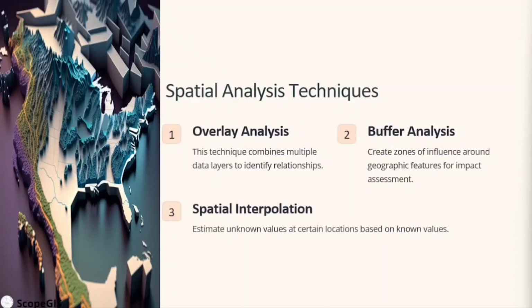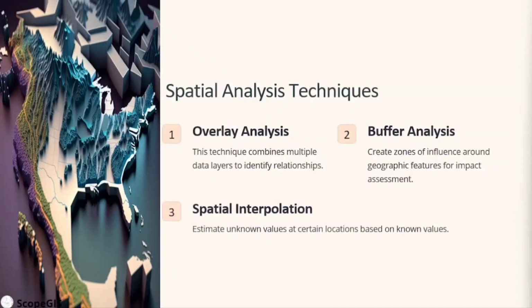And the intersection of these layers helps identify the most suitable location for the park, balancing factors like land suitability, minimal impact on existing land uses, and accessibility for the population.